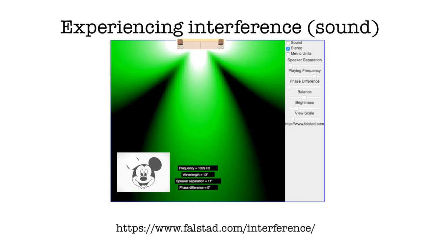And then depending on the specific frequency that you play, you might have to travel a long way or a short way to go from loud to quiet and then back to loud again. So go have fun with this. It's a really interesting simulation, and let's see what you can see. You should be able to hear this interference directly with your own ears.